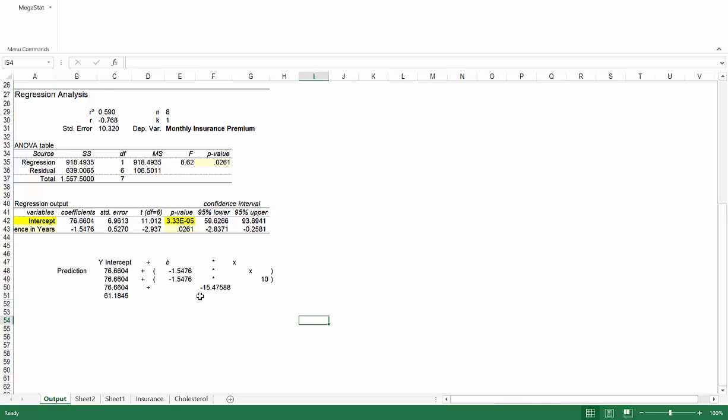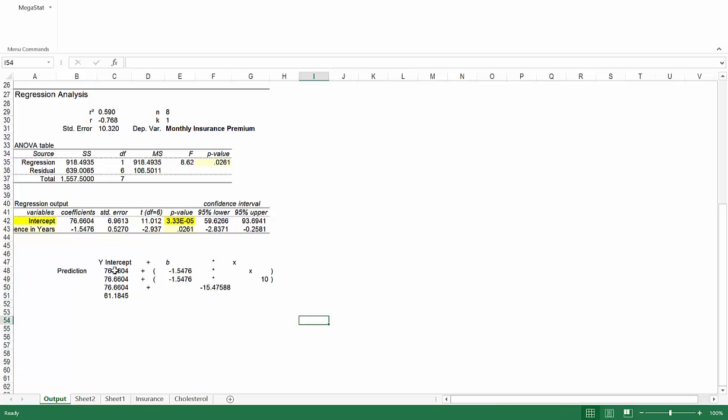Now what I've done is I have inserted this formula. And basically our prediction formula is the y-intercept plus b times x. So what does that mean? Well, in our table over here, we are given the intercept. The intercept is 76.6604.